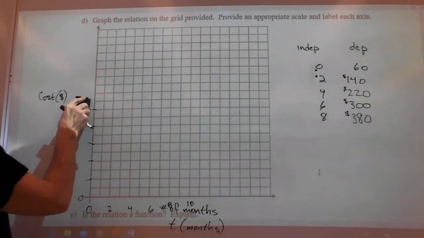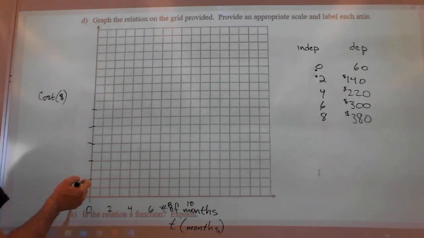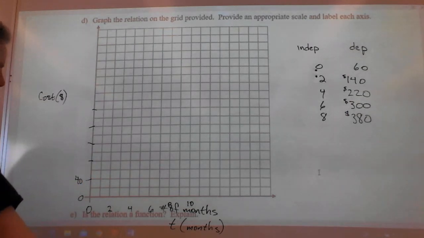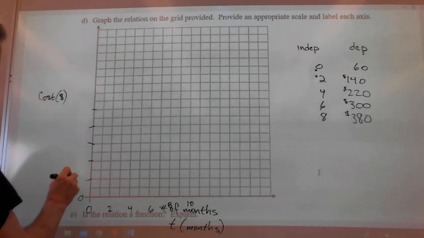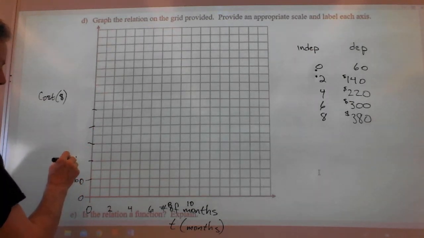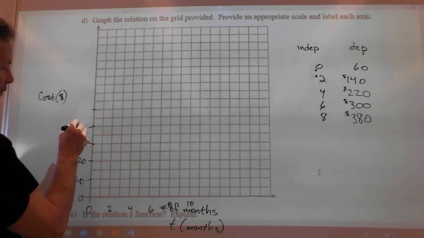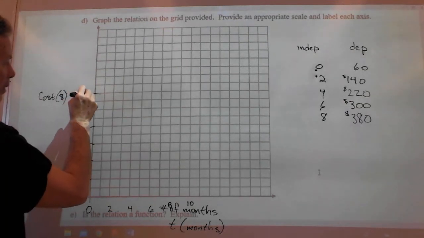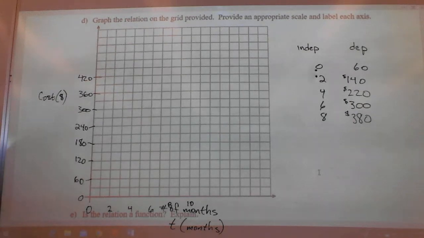This is what happens when you just guess. So we'll go up by 40s, say. Oh my goodness. Let's go up by 60s. 60, 120, 180, 240, 300, 360, 420. Okay, good enough.